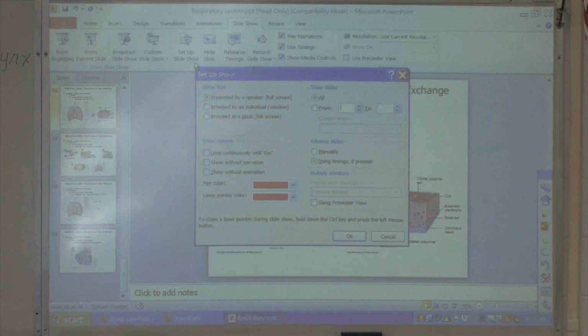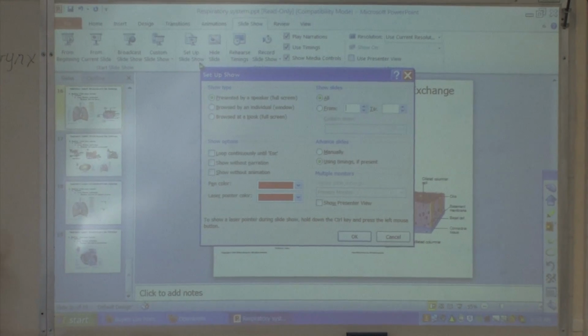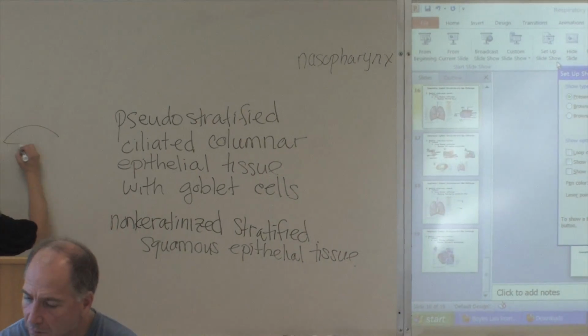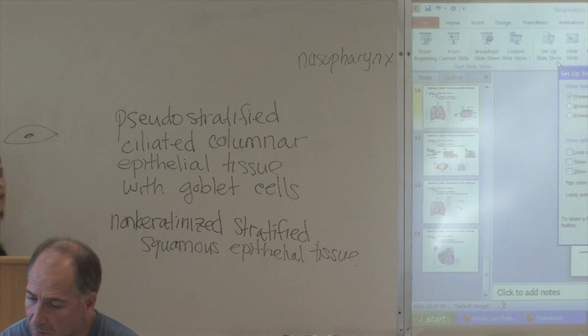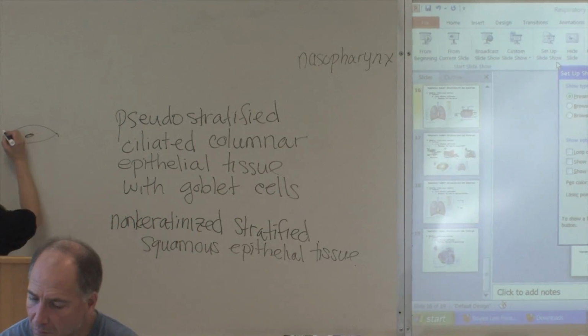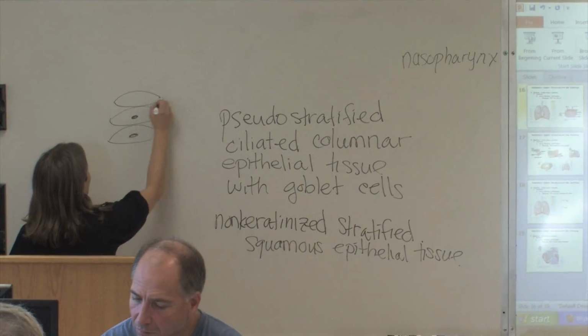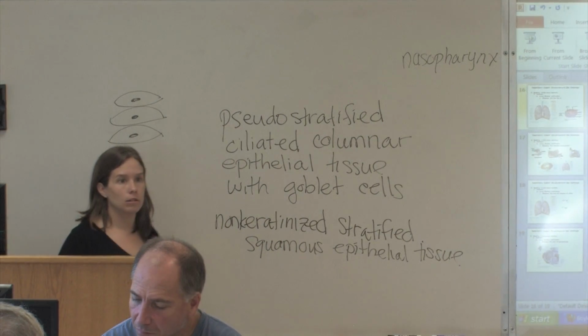Stratified squamous epithelial tissue. So squamous cells are flattened. Stratified means that they're in layers. Okay?